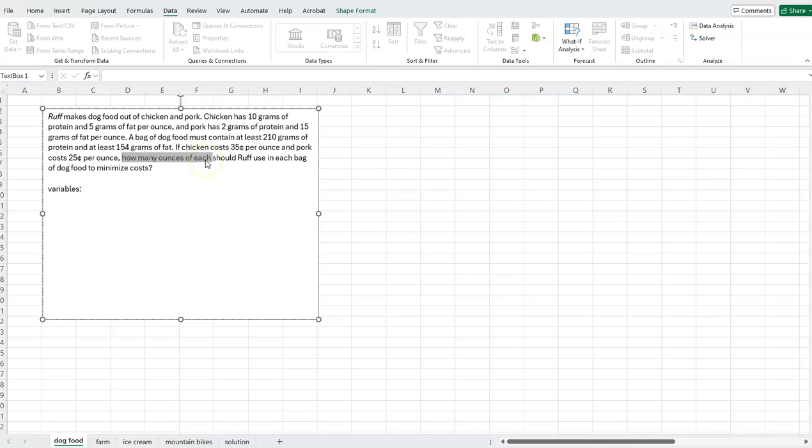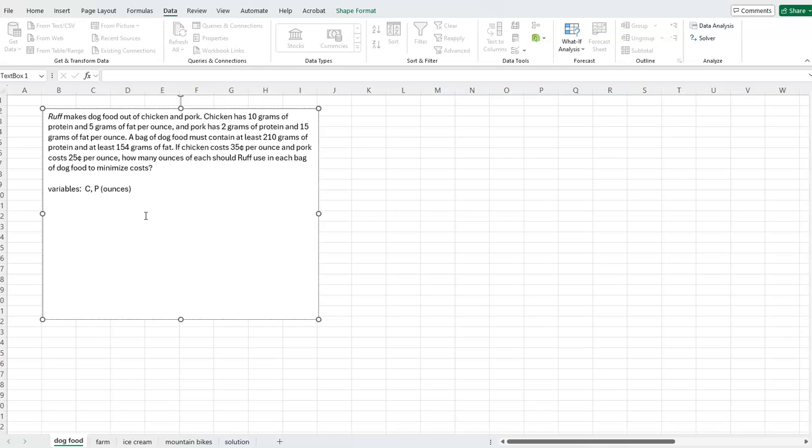What's the word each talking about? It's talking about the chicken and the pork. So that helps us isolate what our variables should be. We'll use a C for chicken and a P for pork, and that will represent the ounces of chicken and of pork.